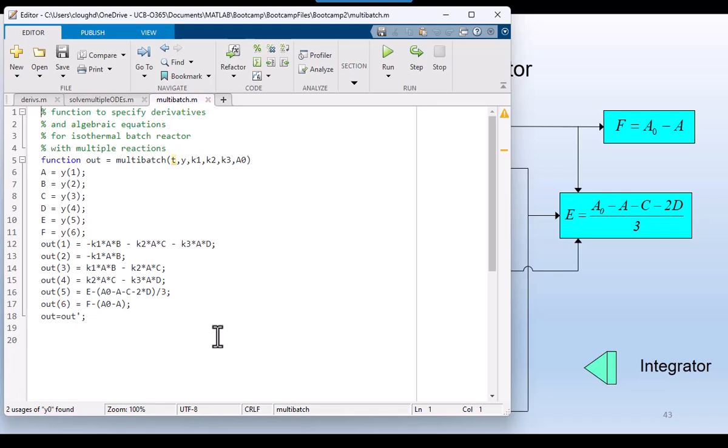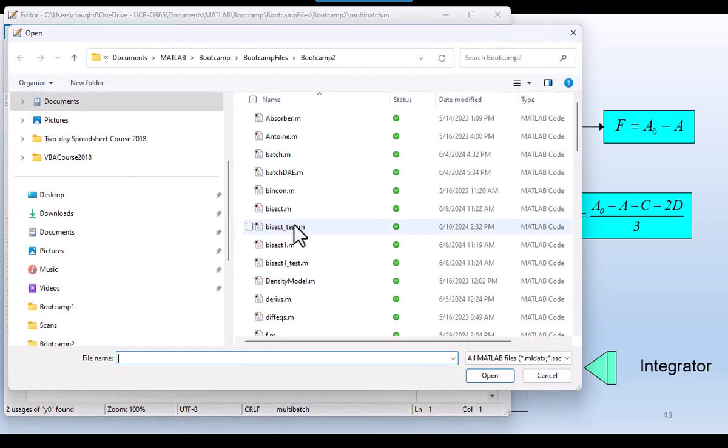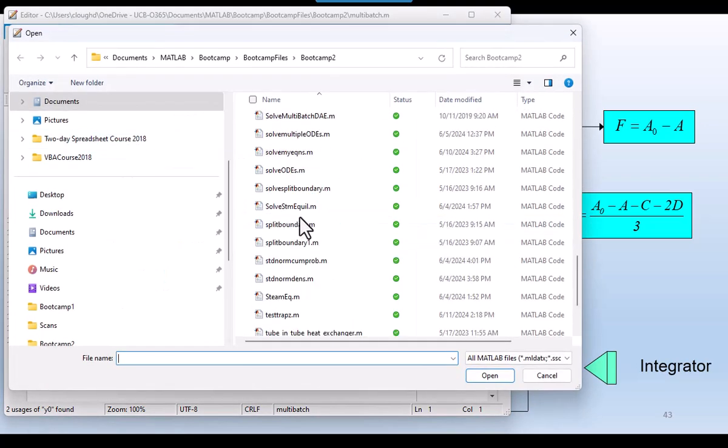And so we have 4 differential equations and 2 algebraic equations. And this is set up now for solving as a DAE system, all right? So we'll open up a script called solve multi-batch DAE down here.